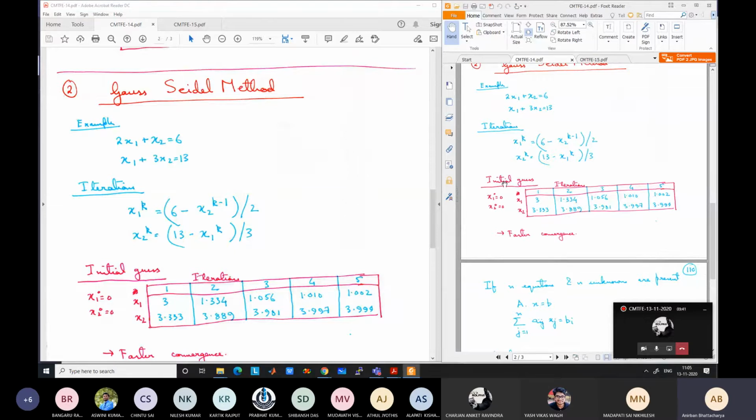So it is known as a tridiagonal matrix, and because of this special property, it can be solved much faster as compared to a normal coefficient matrix. We have discussed that the order of calculation in that case is equal to the number of unknowns n instead of n cube.